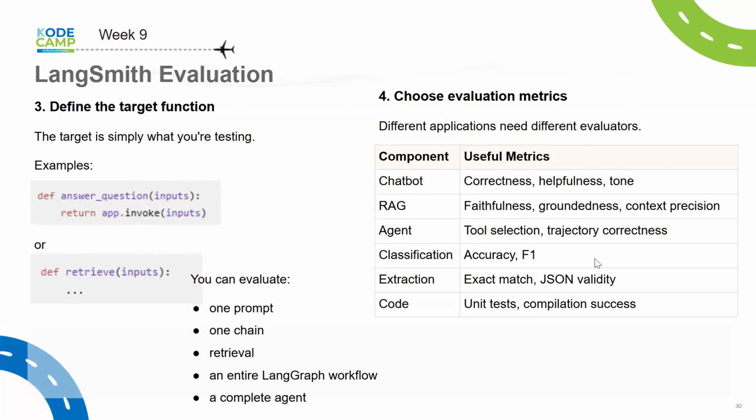So the fourth is choose which metrics you want to use. And there are different metrics and different applications would need different metrics, right? Different evaluators. So if, for example, you are building a chatbot, what matters most is the correctness of the response, the helpfulness, and the tone, and maybe, who knows, latency and so on. If what you're building is a RAG, then it is the faithfulness, how faithful is a response to the grounded truth, right?